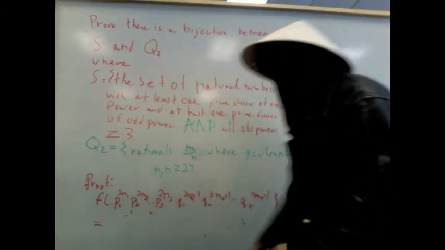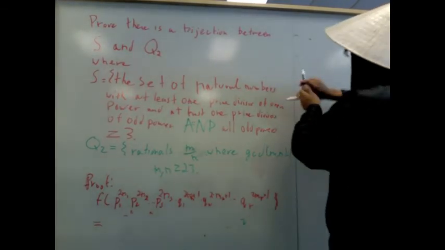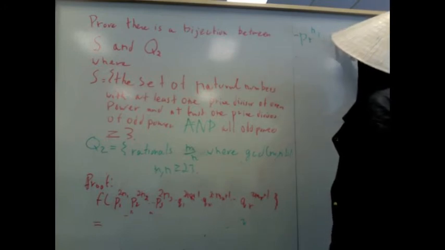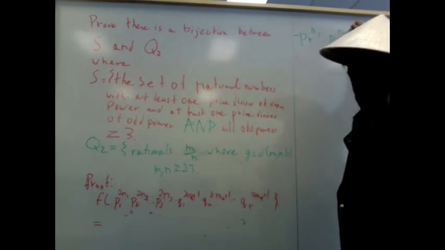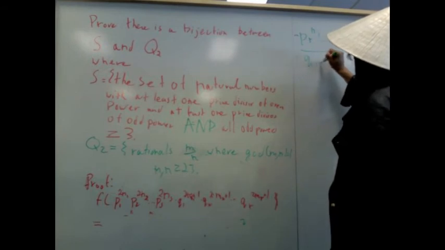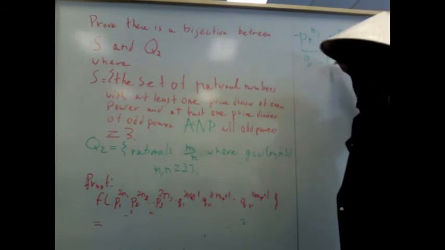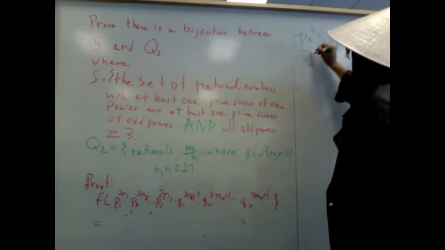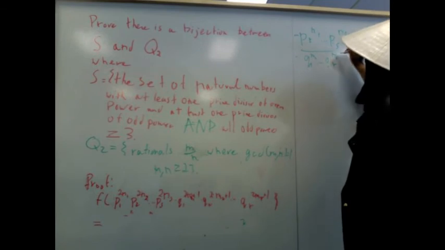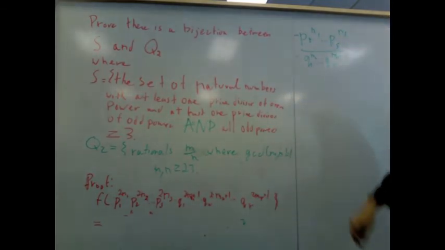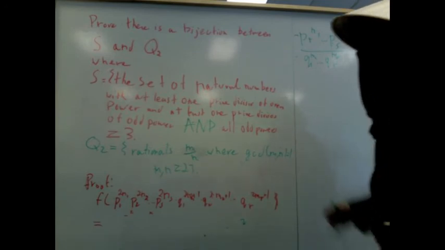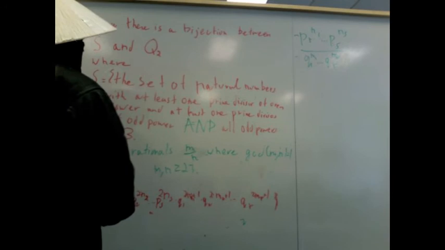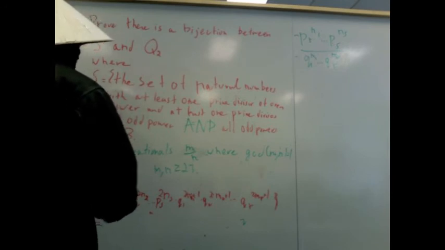Let x be of the form p1 to the n1 up to ps to the ns over q1 to the m1 up to qr to the mr. Very simple to prove it's surjective. It was just a cool idea. Okay, Q2.